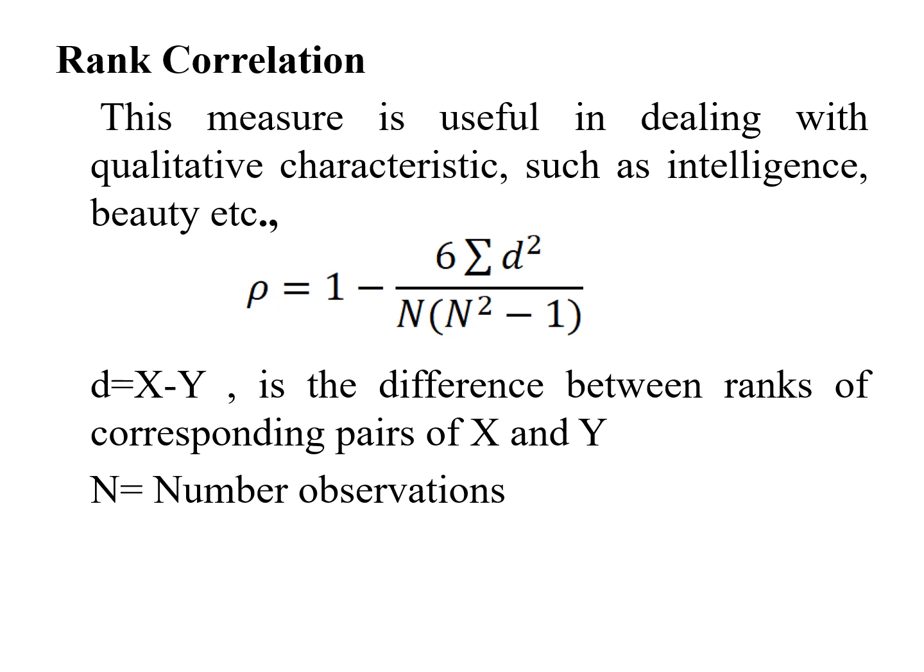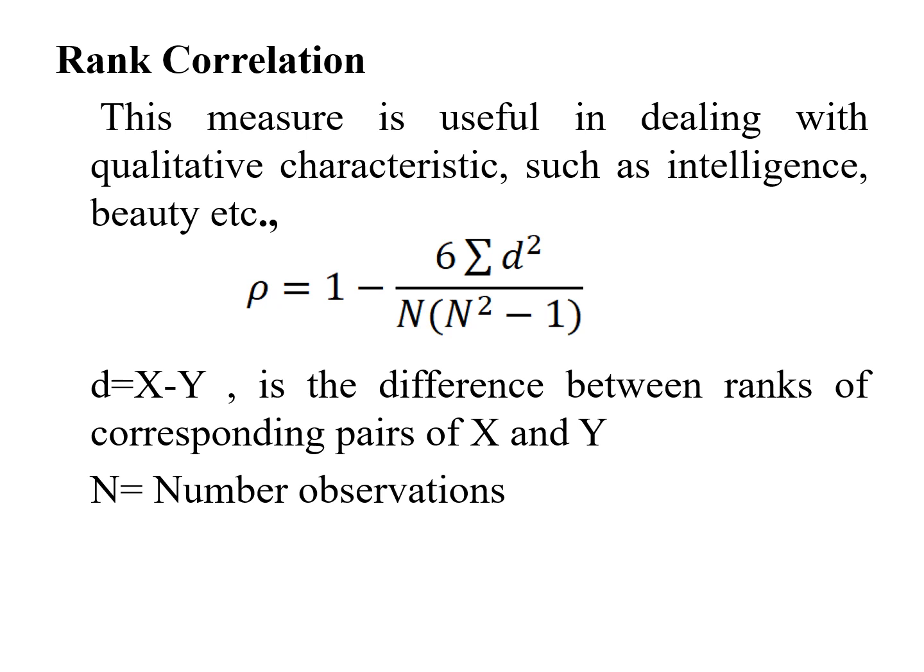Before going to rank correlation, first we will see what is quantitative data and qualitative data. So we all know about quantitative data and qualitative data. Quantitative data means which is measurable. Qualitative data means which is not measurable. In quantitative data, for example, height and weight we can measure. That is quantitative data.